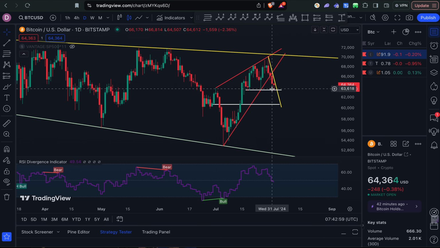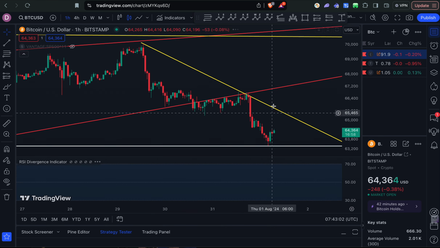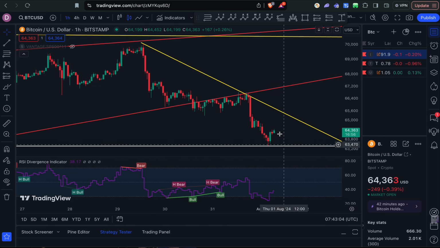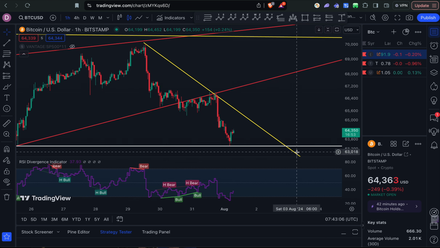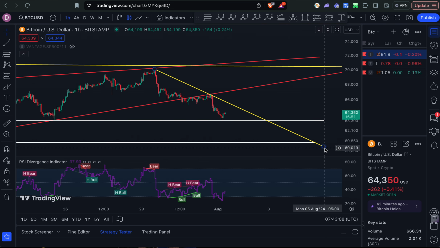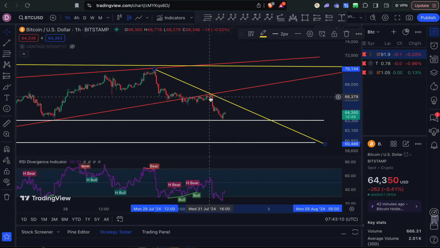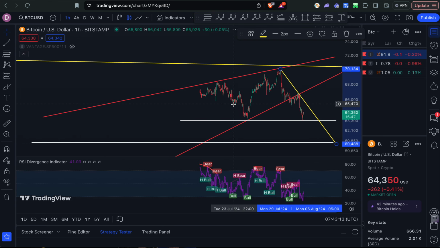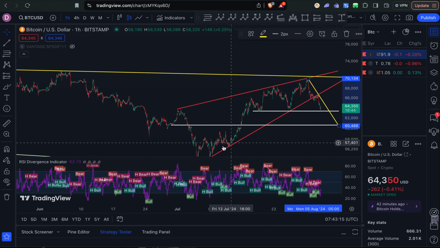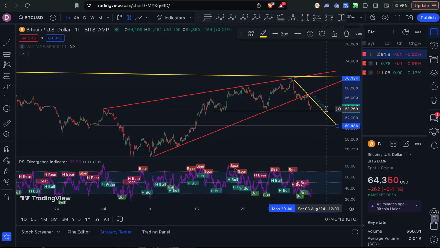But as of now, at least in the short term, I don't have the divergences, and we don't have the momentum at least at this stage. We failed this structure here as well, so I'm expecting further downside.